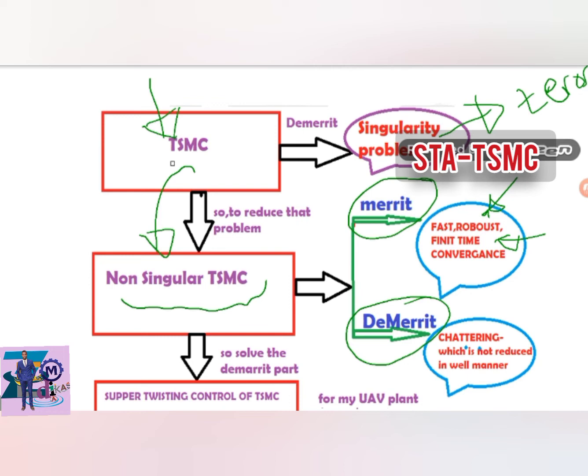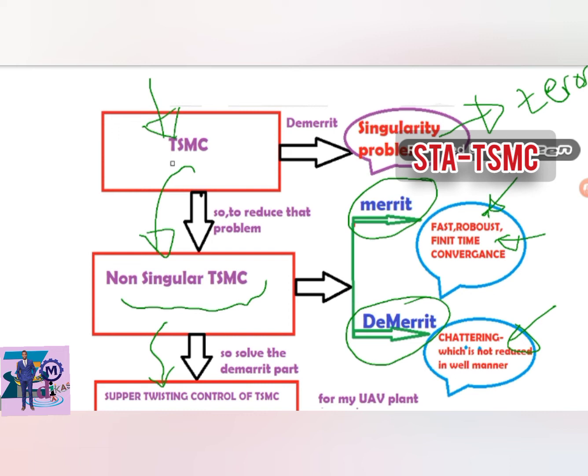For that matter, I shifted my controller to the super twisting algorithm. As you can see from here, in order to solve this chattering effect, I directly select super twisting control of terminal sliding mode controller, so-called super twisting control of TSMC, which is for my plant UAV.